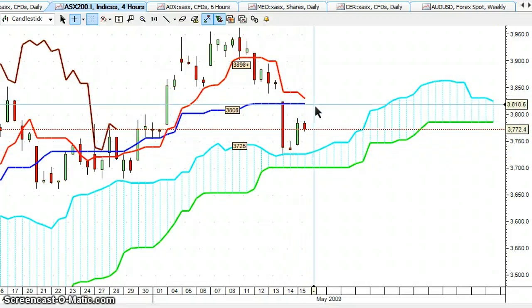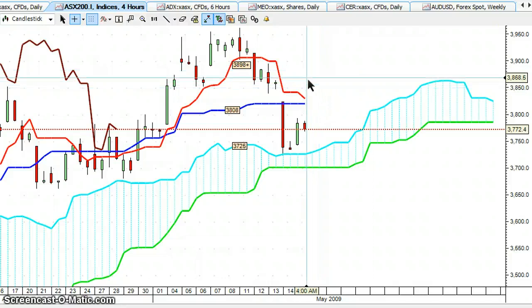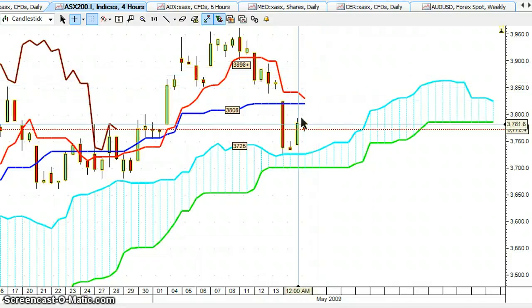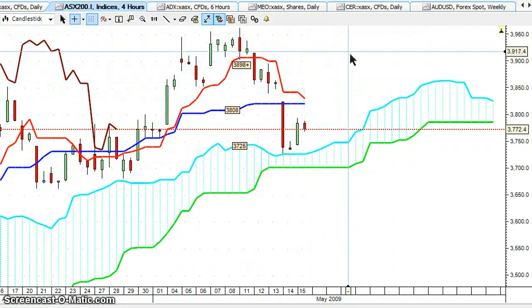Red is about to cross blue, which is a weak bear signal. If price can come back up, pierce through the blue line, and then go back up into this region, we are back to bull trending, and the red line would then bounce off the blue line.